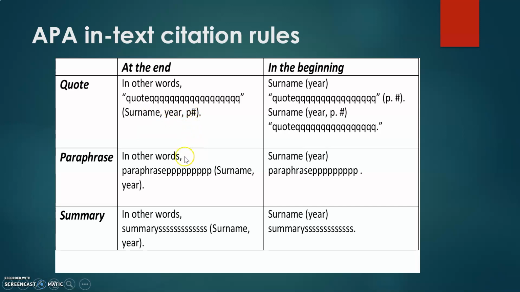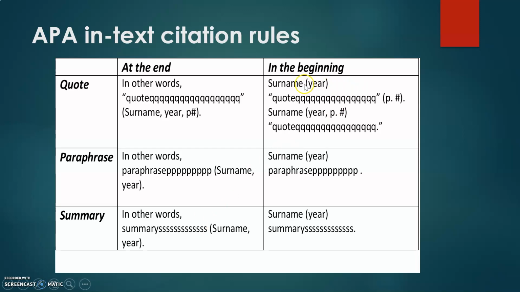The rule is the same for a paraphrase and summary. As you see, it is only the surname and year, unless your instructor requires otherwise. With paraphrases and summaries, APA does not require page numbers to be given.